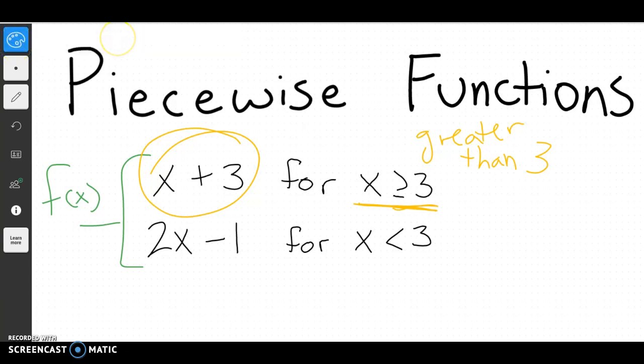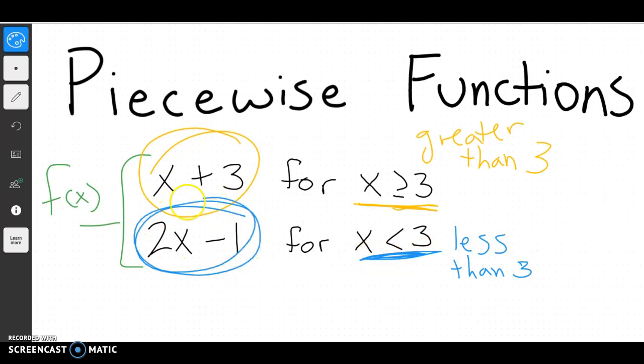And then they have this down here. They say, okay, but when it's not greater than 3, because there's numbers that are less than 3, if my input is less than 3, which is what this is telling me right here, I'm going to use this function right here. Okay? Let's try a couple of these.